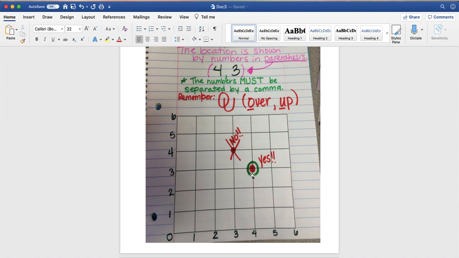I should be over here. So that's why it's so important that we do not confuse our numbers. We always need to run before we can jump. So running always goes first, and jumping always goes second.